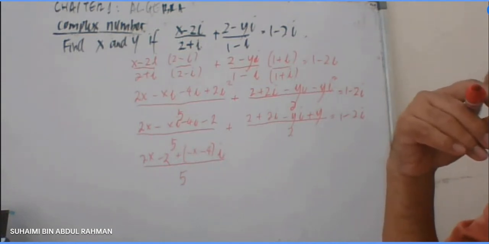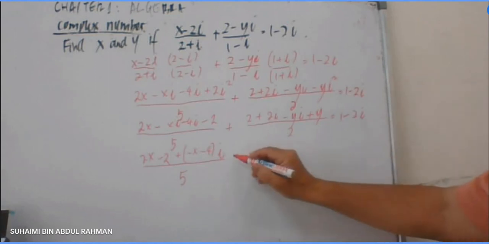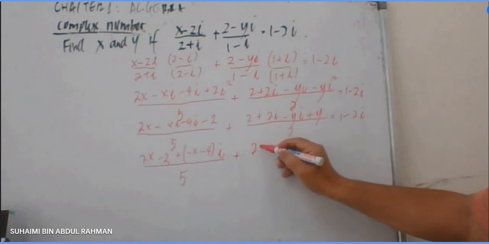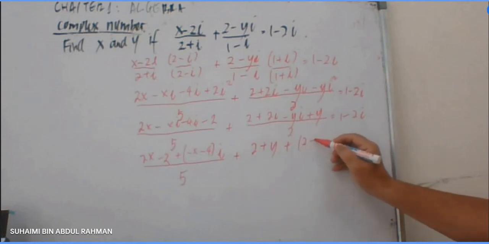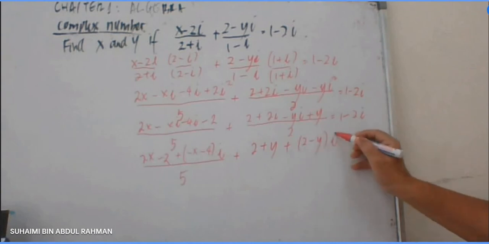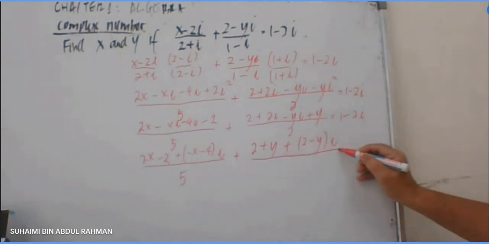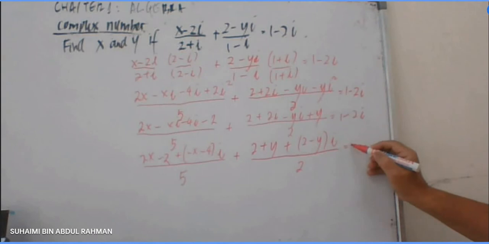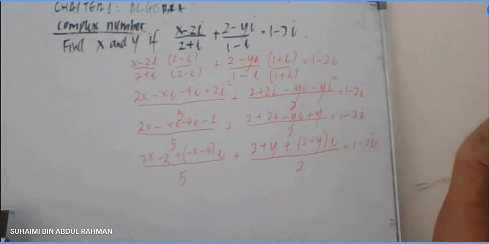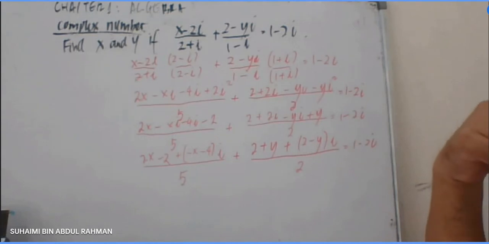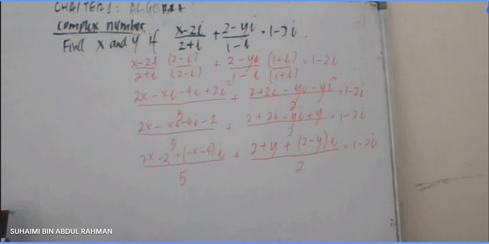Plus 2 plus y plus 2 minus y i, divided by 2, equal to 1 minus 2i.